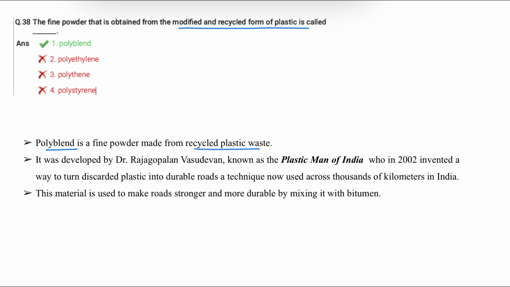It was developed by Rajagopalan Vasudevan, known as the Plastic Man of India, who in 2002 invented a way to turn discarded plastic into durable roads, a technique used across thousands of kilometers in India. This material is mixed with bitumen to make roads stronger and more durable. The correct answer is polyblend.